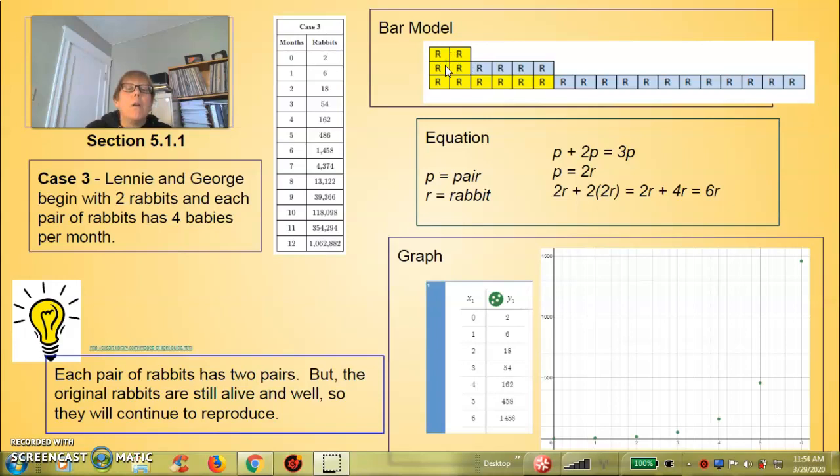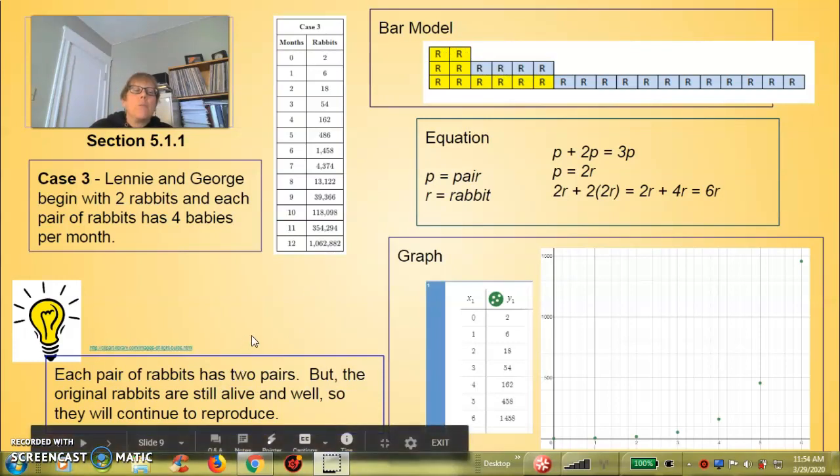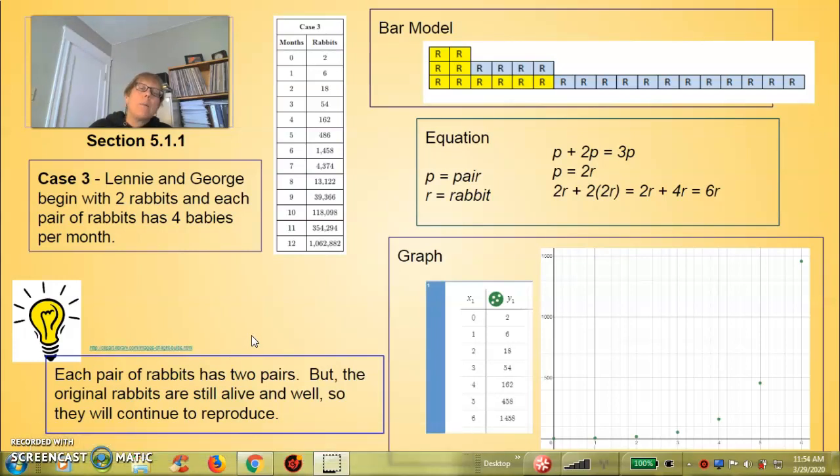Month 1, it says each pair basically has 4 babies. So this is a pair. This pair has these 4 babies. So if you look down here, I think about it as each pair of rabbits has 2 pairs. But of course, the original rabbits are still there. So you really end up with the original plus another pair. So you really end up with 3 pairs per month.